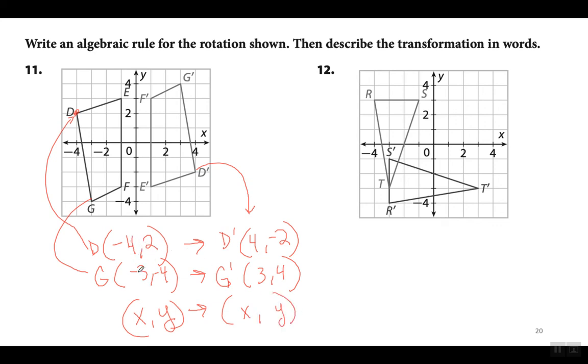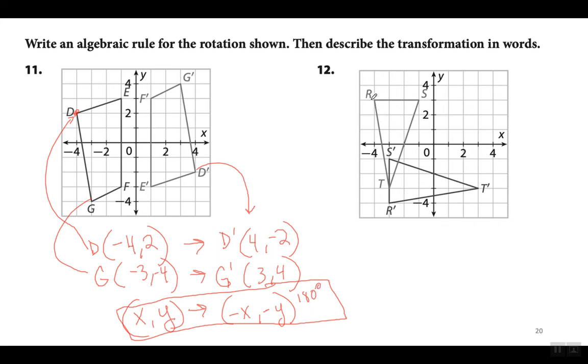However, the x's are changing to the opposite sign, so I have to add that negative sign. And the y's are also changing to the opposite sign. So that's the rule, and if you look at the rules, that's a 180-degree rotation.